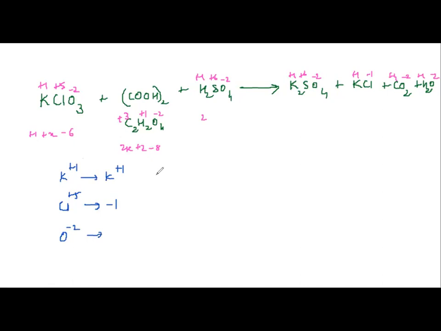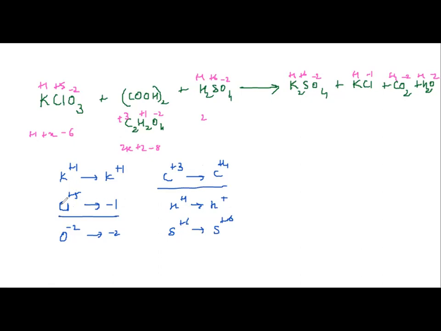Carbon plus 3 becomes plus 4, hardly one change. Hydrogen remains same, plus 1 to plus 1. Then sulfur from plus 6 remains plus 6. So there is change only in chlorine and carbon.